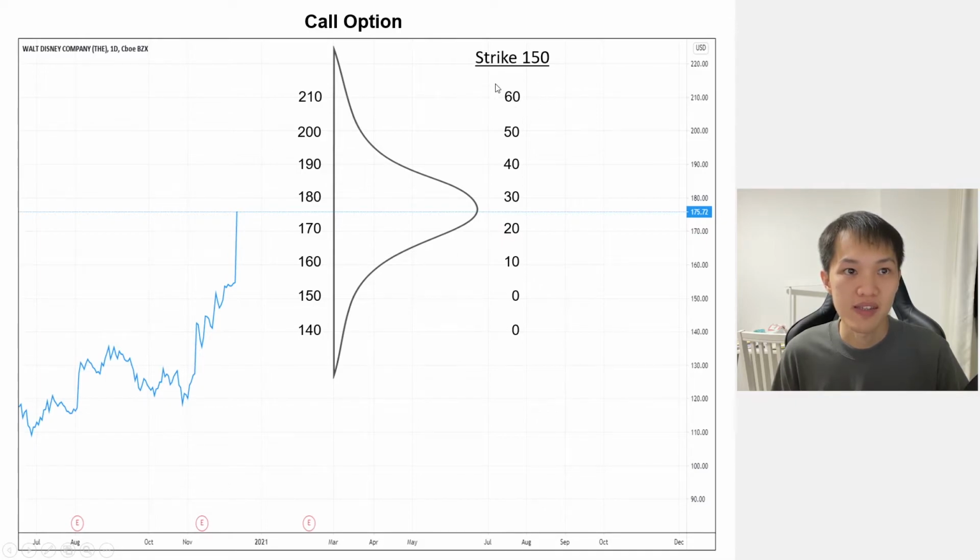The payoff will be 60 because we pay 150 and get something worth 210. If the price is 200, the payoff is 50, and so on. But if the price is 150 or below, the payoff will not be negative because we will just let the option expire worthless. So the payoff is always 0 if the price is below the strike price.